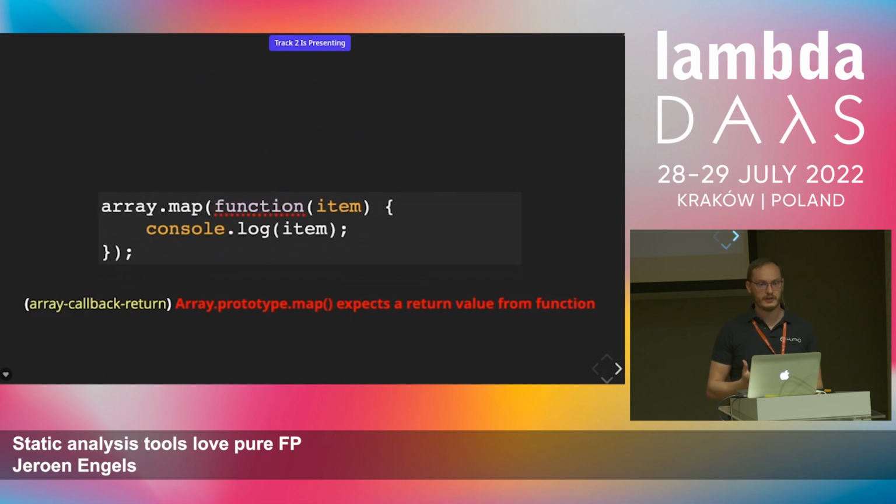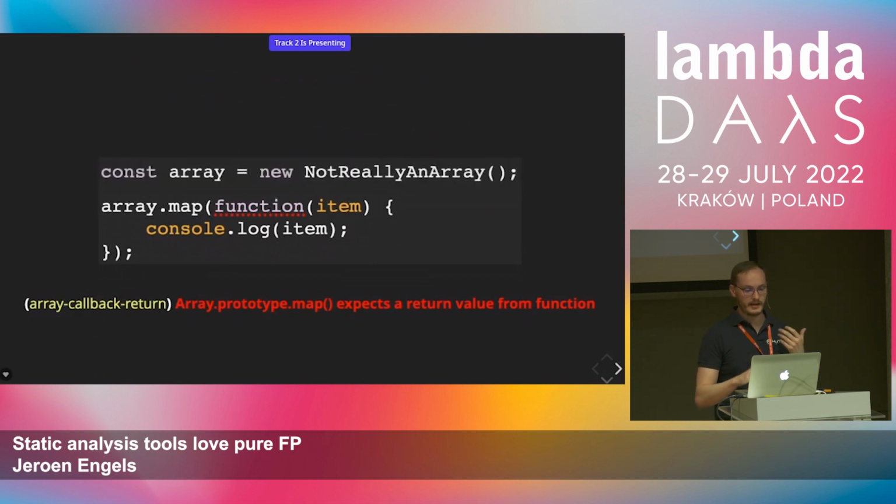So what this rule does is it's looking for a map method call. So anything that looks like something.map and that is being called, and you pass it a function, well, that's going to be array.map, right? And that could be wrong, because, for instance, in this case, my array is not really an array. It is something that looks like it, and that happens to have a map function, which I don't know what it does.